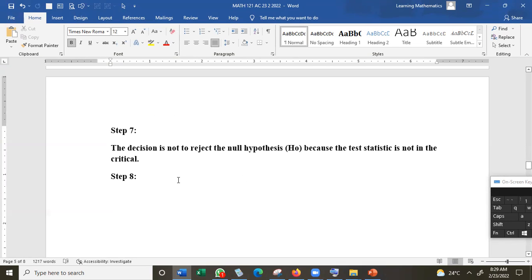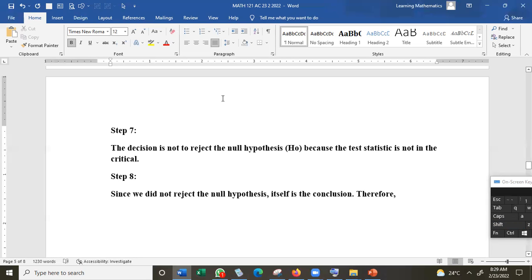Therefore the null is the conclusion. Since we did not reject the null hypothesis, it itself is the conclusion. So you have to state it now.